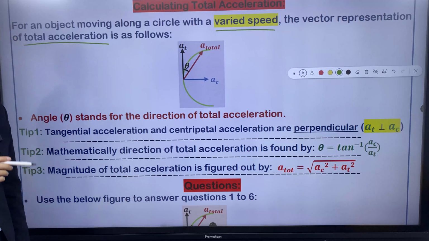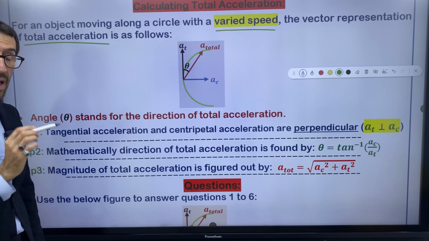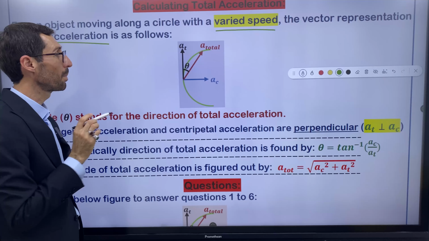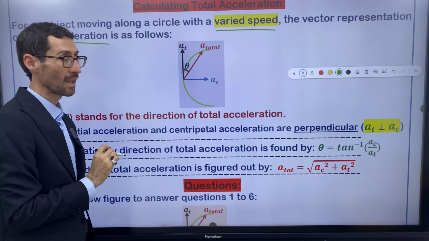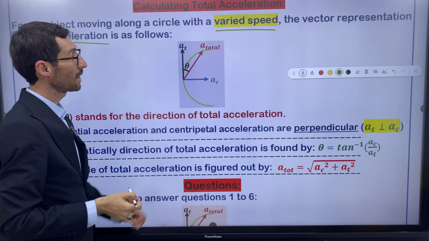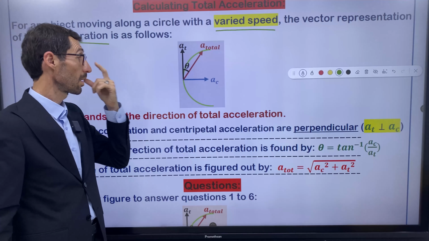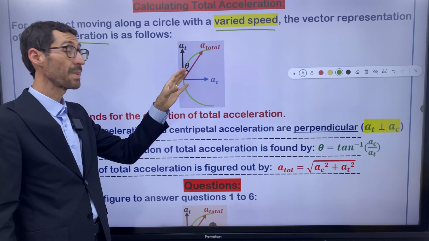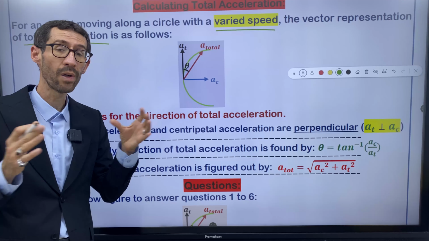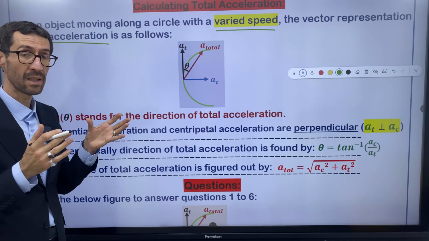In vector representation, we have to draw a vector triangle. How do you draw a vector triangle? By means of AT and AC. Keep in mind that A total will be the resultant of the triangle, the hypotenuse, which means the longest side of the triangle.